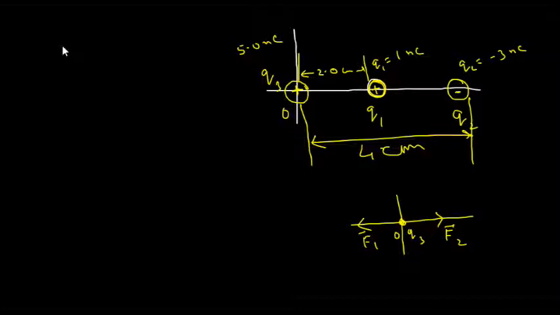Q1 and Q3 have similar charges, so there will be a repulsion, and Q2 and Q3 have dissimilar charges, therefore there will be attraction.